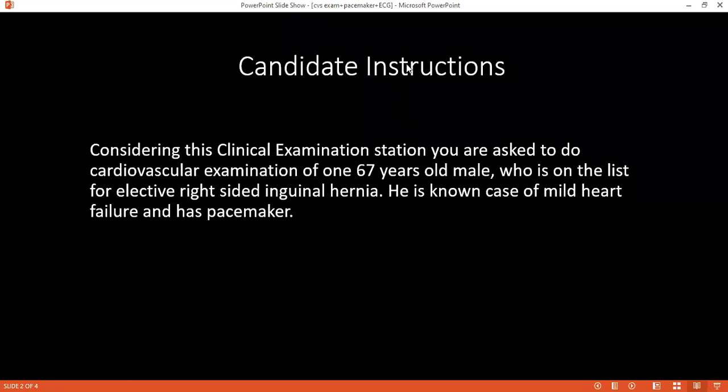Right, so if you have read and understood, considering it a clinical examination station, please begin your examination.